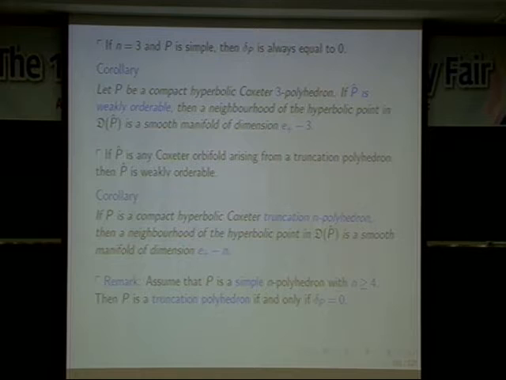Okay. So E plus is the number of ridges of order greater than or equal to 3.